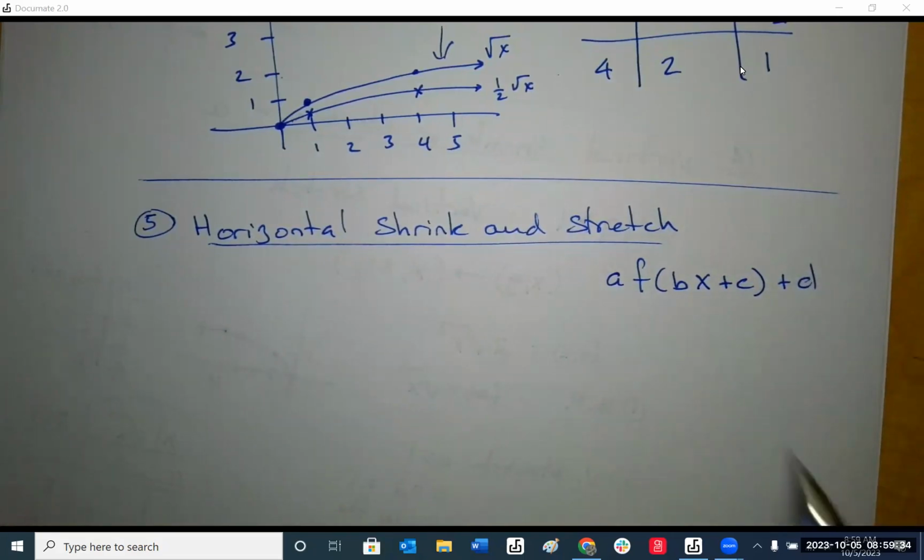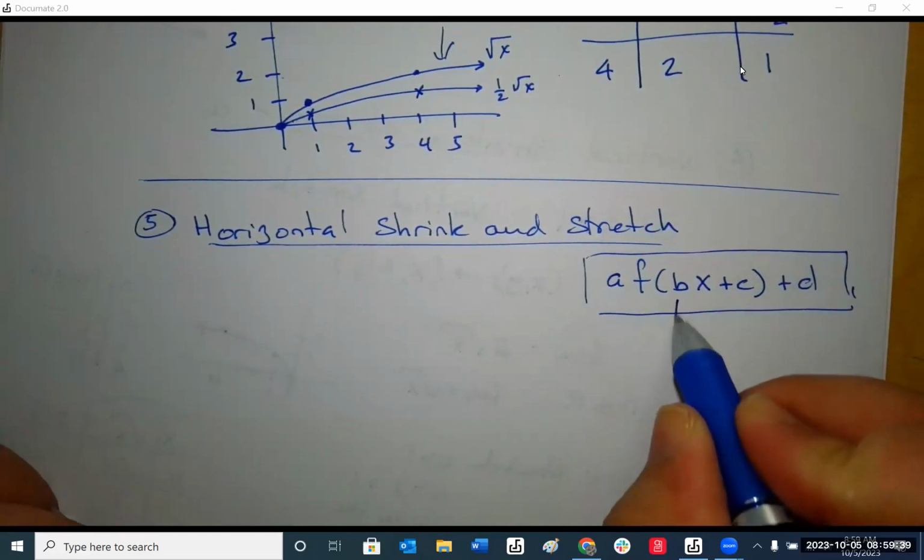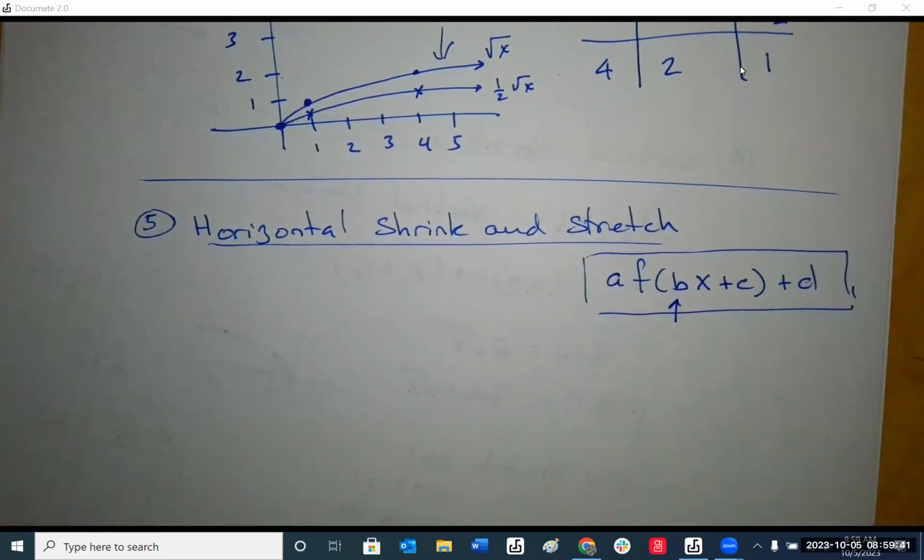So what value are we going to look at here, you think? We're going to get B, the coefficient of x.